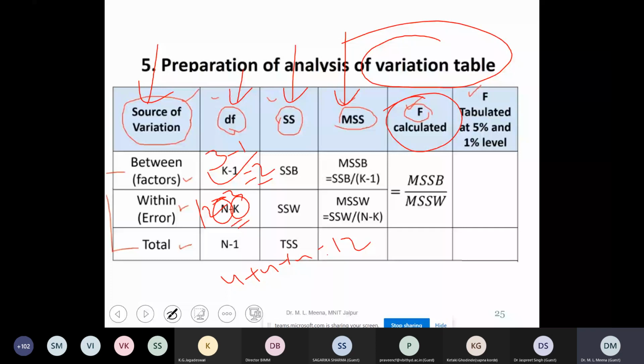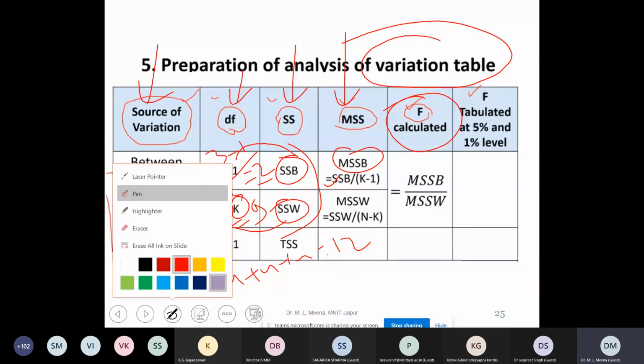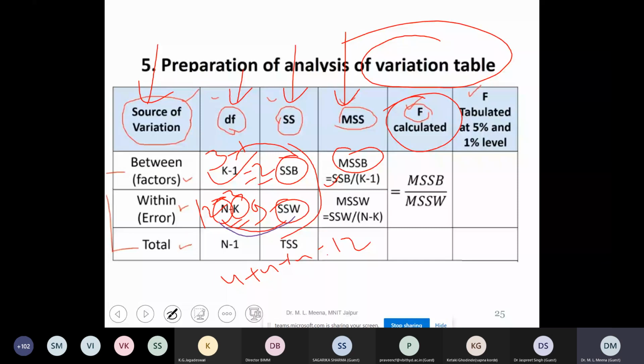Then the sums of squares between and within groups were already found out. For the mean sum of squares, we divide each sum of squares by its degrees of freedom, and we get the mean sum of squares between groups and within groups.